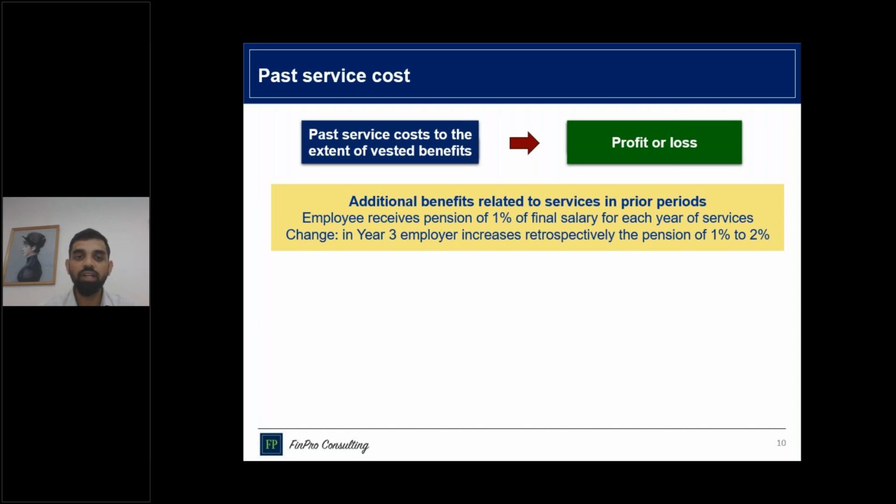In year 3, the employer increases the rate retrospectively from 1% to 2%. So earlier the employer was paying 1% of salary as pension cost for each year of service completed. Now retrospectively, the employer has increased the benefit from 1% to 2%.